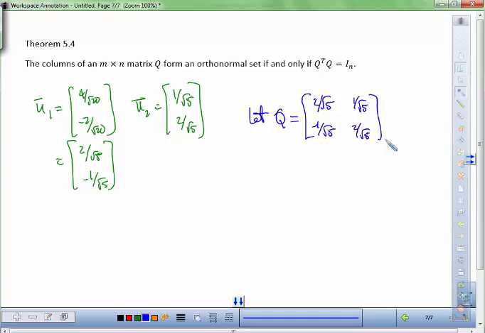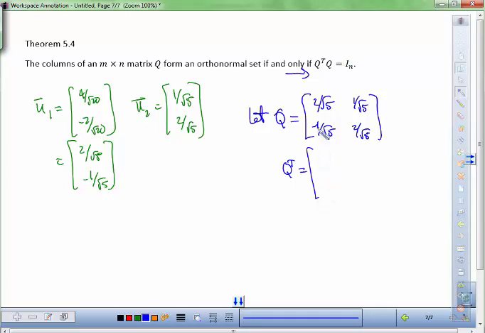So what they're saying here is that if we have an orthonormal set that make up the column vectors of the matrix, then if we multiply this with its transpose, or multiply the transpose with this in that order, we should get the identity. Of course, if it's the identity, we should be able to switch also.